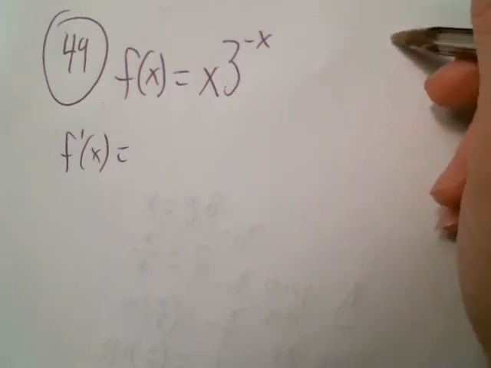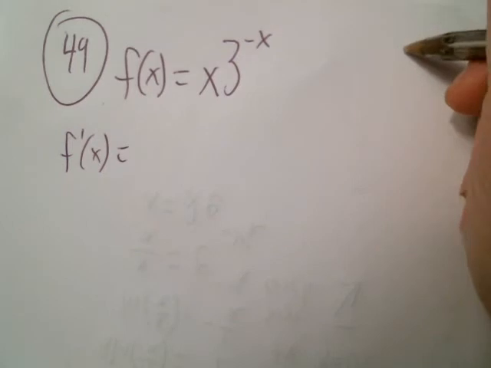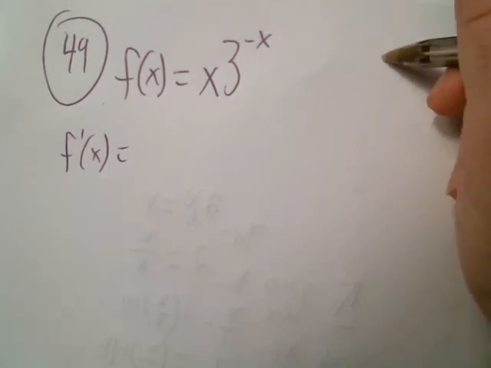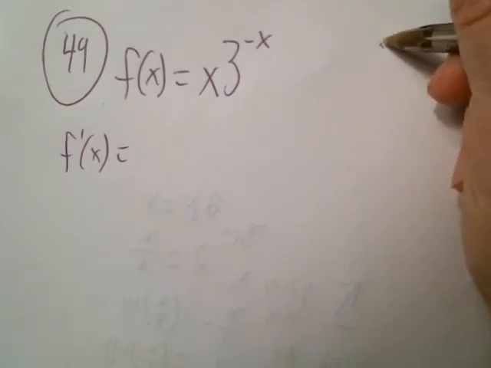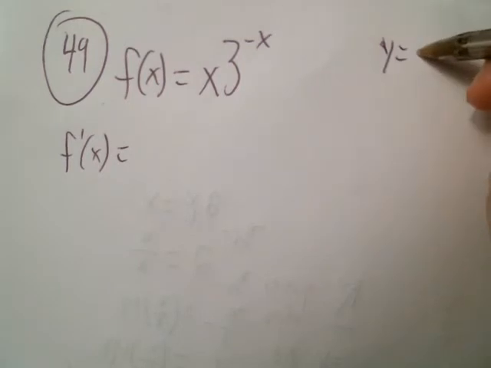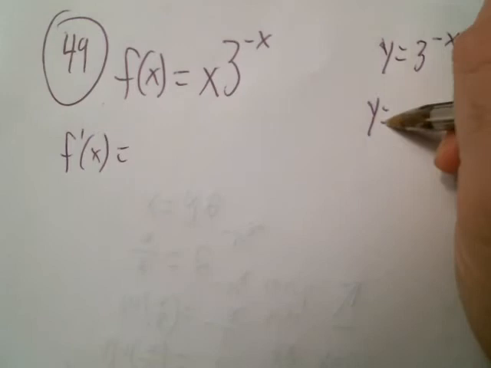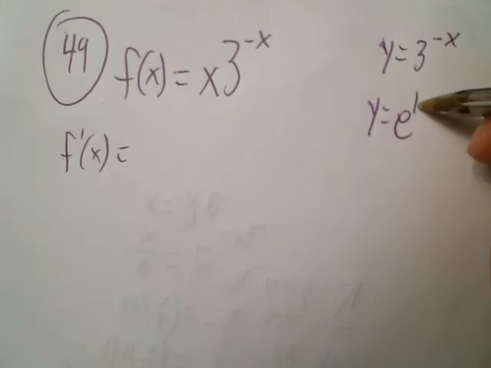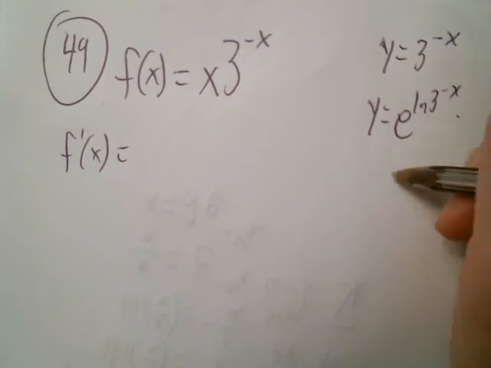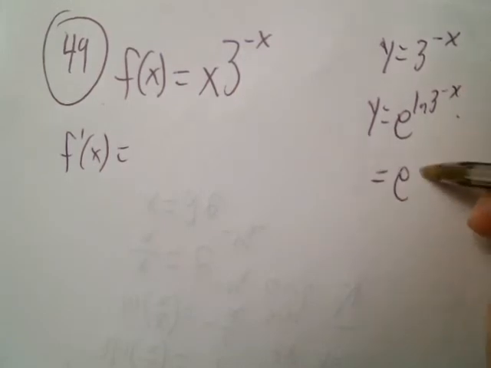So, if you're worried about finding derivatives of these things, you could think of it as y equals 3 to the negative x is the same as y equals e to the ln of 3 to the negative x, which is equal to e to the negative x ln 3.